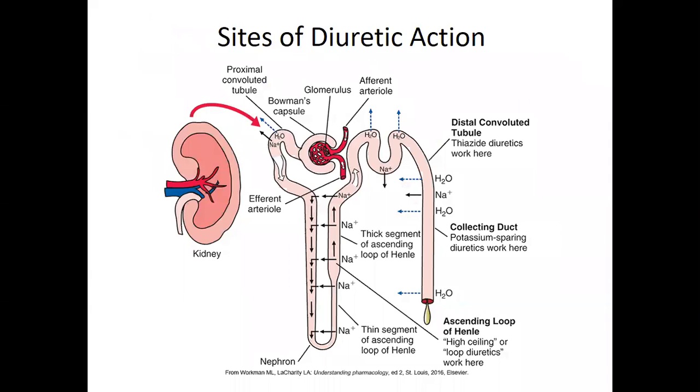So you're going to have the sites of diuretic action. For example, if somebody's on a potassium sparing diuretic, they're going to work over here somewhere. If somebody's on a thiazide diuretic, they're going to work over here. And if they're here in the loop of Henle, they're going to work here, because it's basically trying to filter out the sodium.